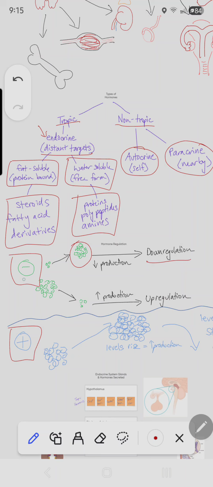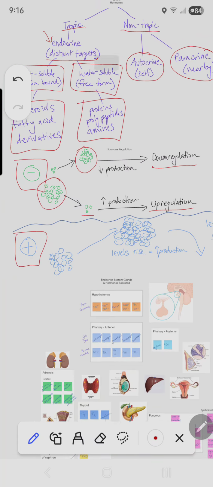The other way that a negative feedback mechanism works is if you have too much hormone in the bloodstream and then you have too little, your production increases. Another thing that can happen is called upregulation, and that's where low hormone levels cause an increase in the number of cell receptors. So the body can attempt to use up every little bit of hormone that it can if it's in need.